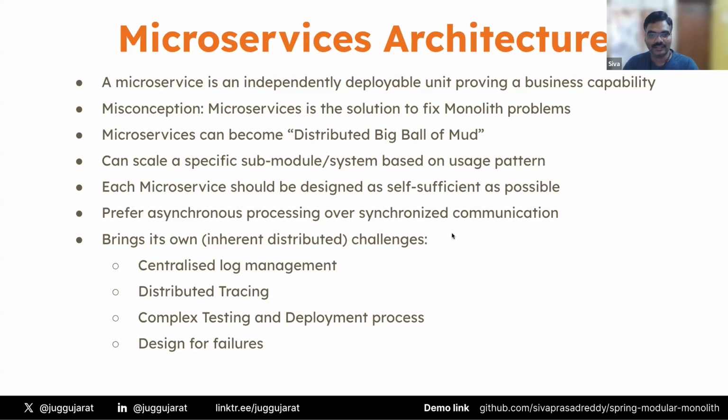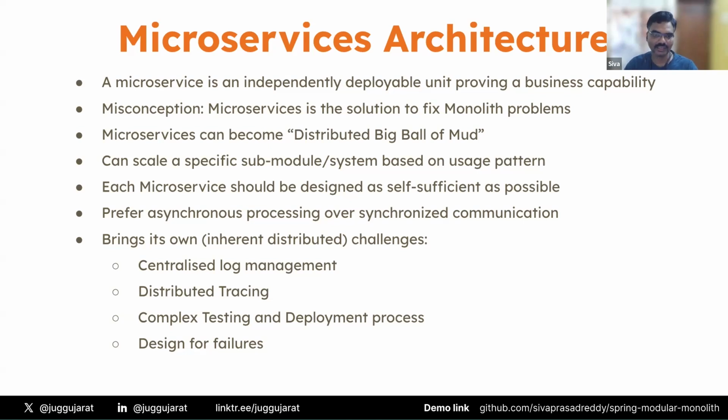But again, overall, it all needs to coordinate with each other's services to achieve the end goal. Again, taking the e-commerce example, you can have all these microservices: catalog service, order service, notification service, and all these things. But at the end of the day, if a user wants to browse through the catalog, place an order, and then get it shipped, all of these systems need to coordinate with one another.